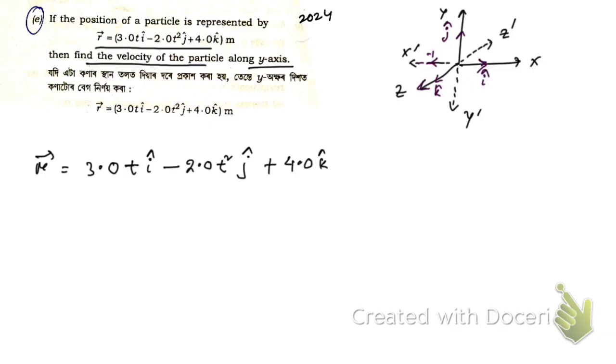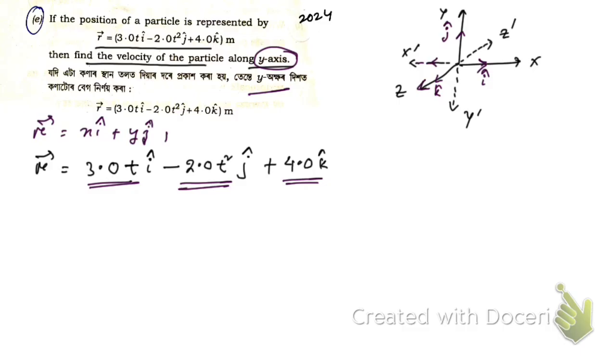So now you see, we need to find the velocity along y-axis. So here, this is the position in x-axis, this is the position in y-axis, and this is the position in z-axis. If you compare this r vector with x I cap plus y j cap plus z k cap, right?